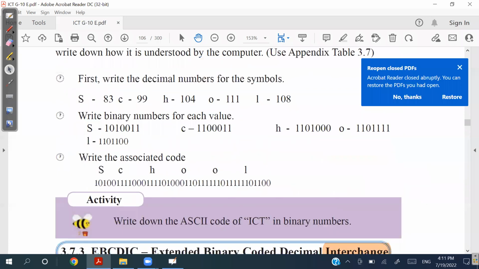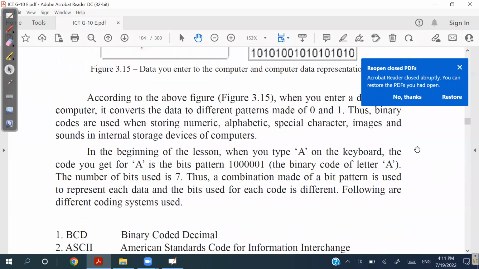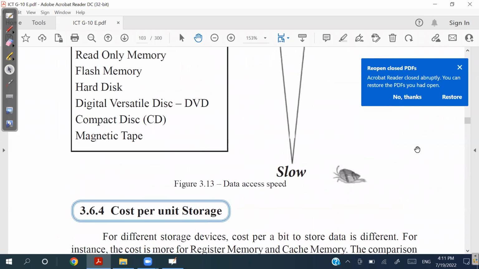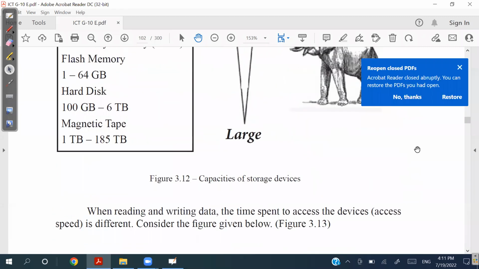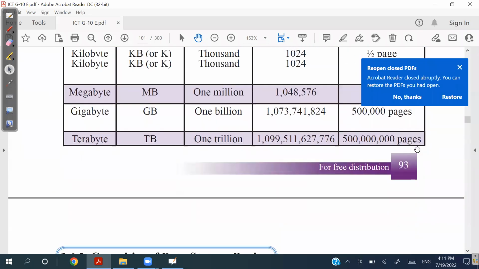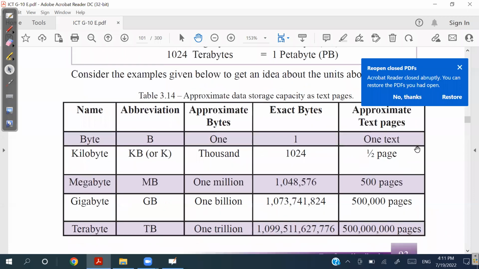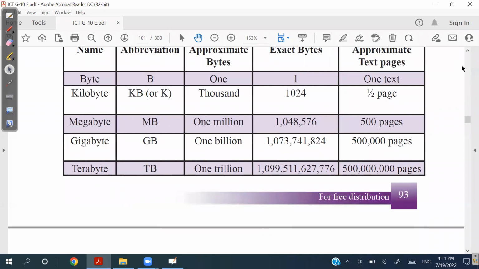People, did we write about capacities and cost per unit storage and all these things? No, we didn't, right? We were just staying over here. I think we haven't come up to this point.